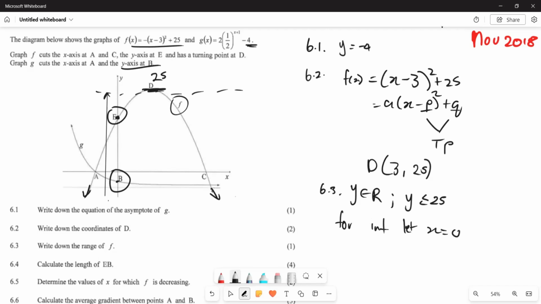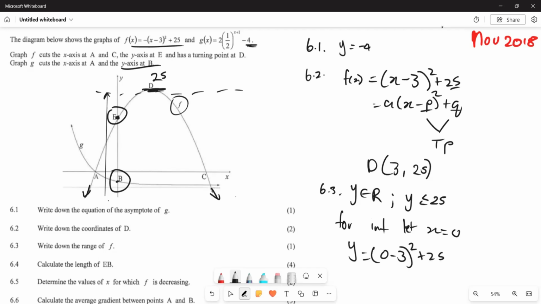And remember that the 25 in here doesn't necessarily represent your y-intercept, but rather it represents the coordinates of your turning point, right? So the first thing that we are going to do is say y is equal to negative (0 subtract 3) squared plus 25.